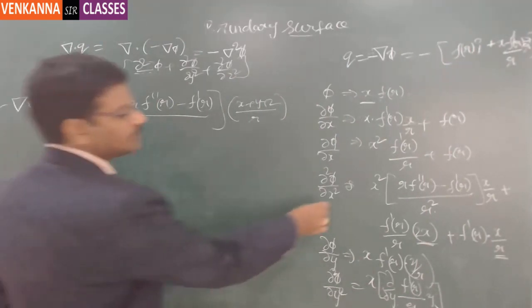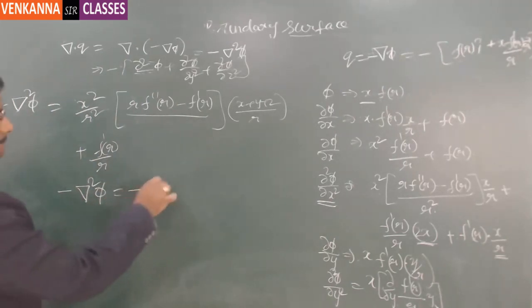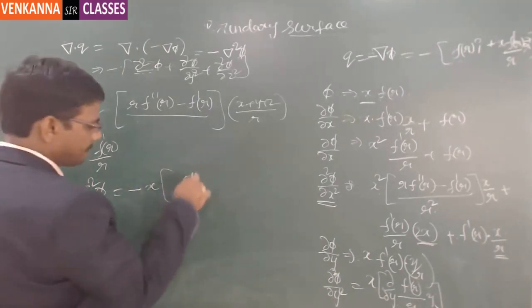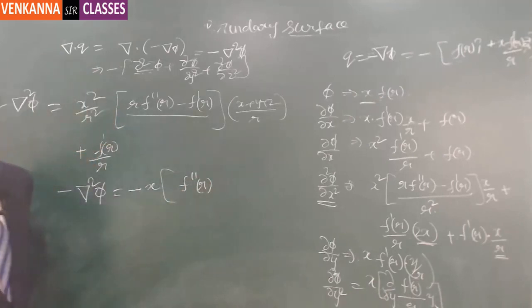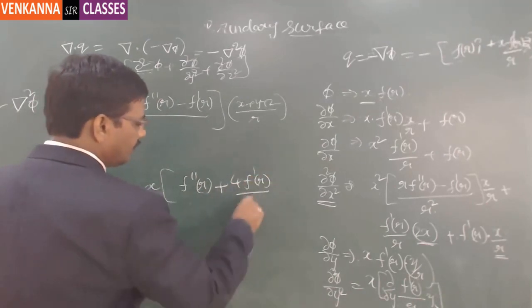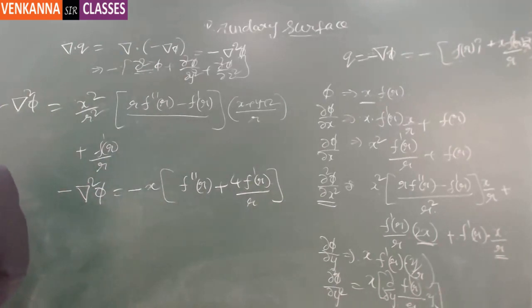It is exactly the same procedure, but finally what we are going to get is minus del square phi equal to minus x into f double dash of r plus 4 times f dash of r divided by r. Yeah, so that's what you are going to get.